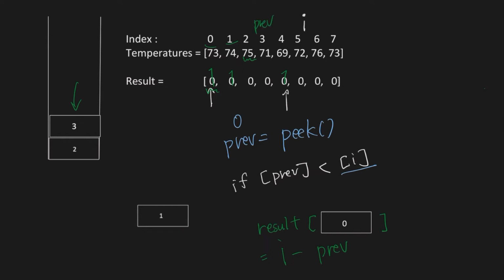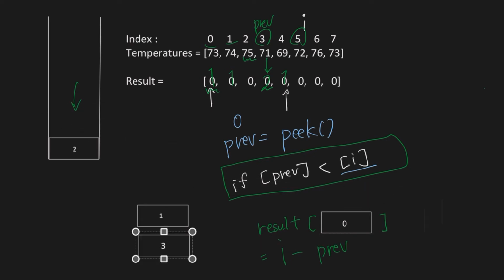So we're going to check if this condition still applies. So in that case, it does apply. The number at current index I is bigger than the number at the previous index. So we're going to do 5 minus 3 again, and we're going to update the number for the result index. And in that case, we can just pop and forget about this one.